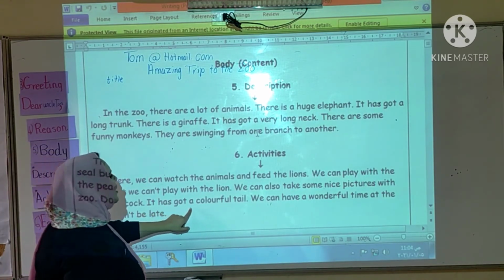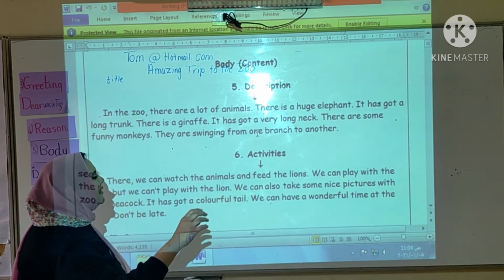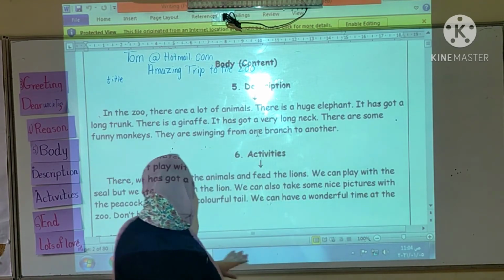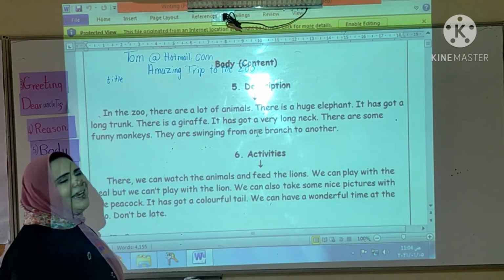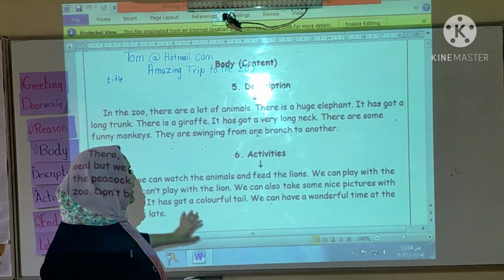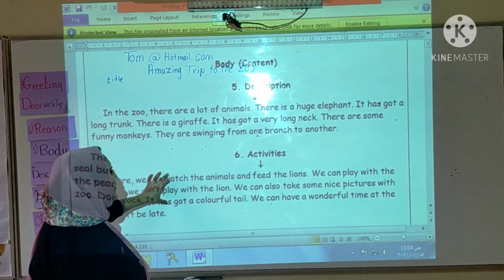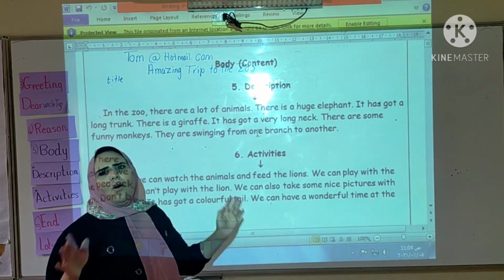It has got a colorful tail. Full stop. We can have a wonderful time at the zoo. Don't be late. So again: description, there are; activities, verbs, all the verbs.